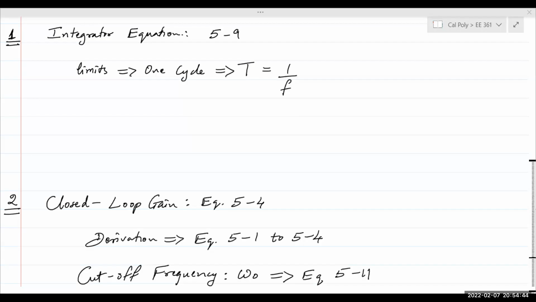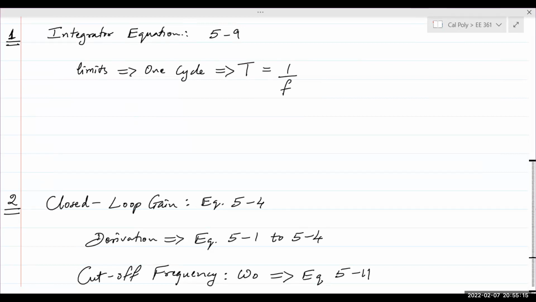So the integrator equation 9 is basically the derivation for V out. It seems simple, but students should absolutely practice and understand how we actually arrive at the answer. So for part 1 of the question, where we need to derive V out, that V out is the integrator equation 9.